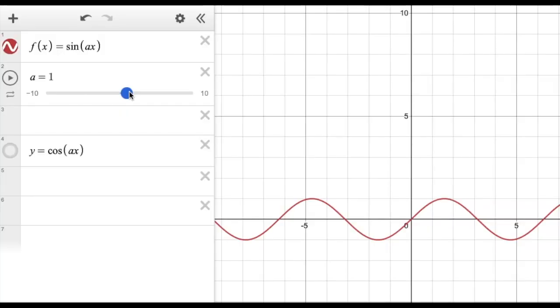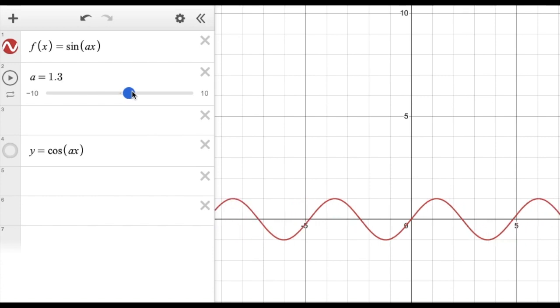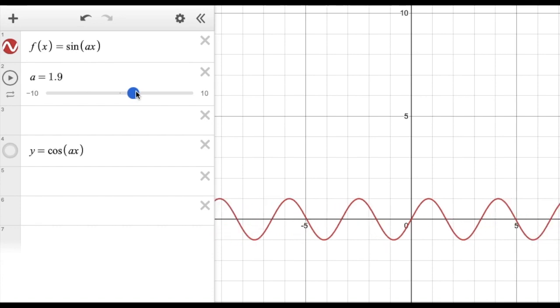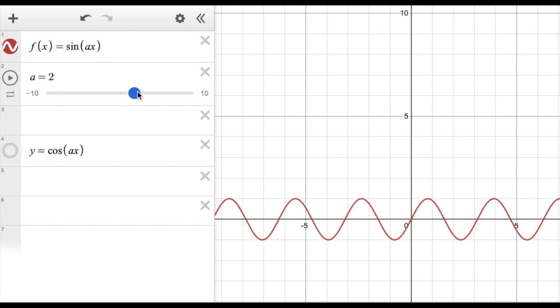When I scale x up by some value, it's a here, as I move from a equals 1 to a equals 2, the graph gets squashed in the x direction, like that. There it is. And the reason for that is because our function, instead of returning the value of sine for x, it's returning the value of sine for twice x, and that leads to that squashing.